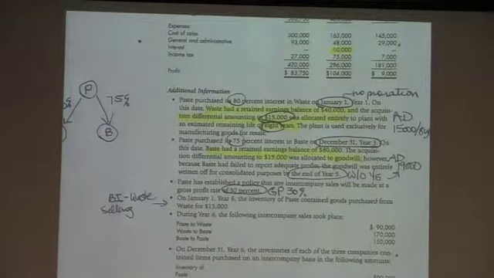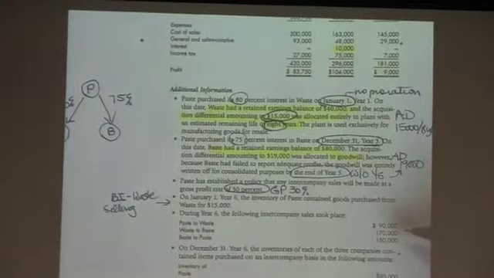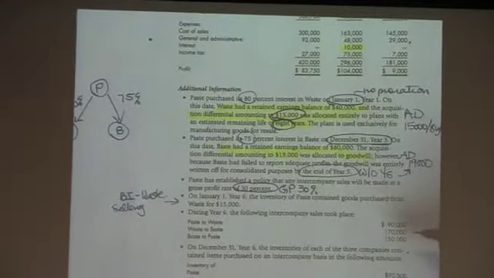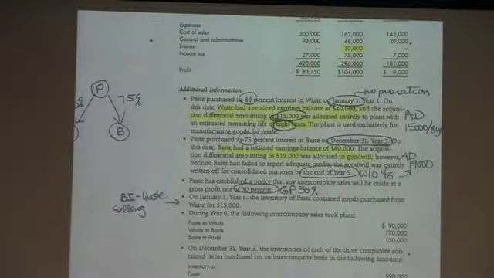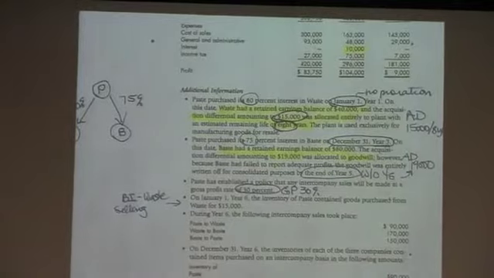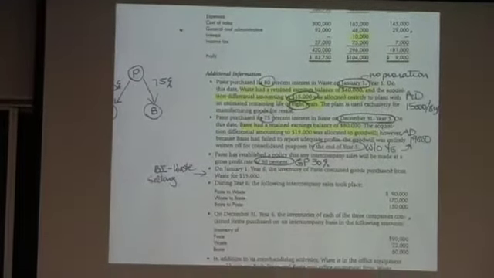So it seems a bit confusing, but the bottom line is any transactions between parent and sub, irrespective of whether it's from sub 1 to sub 2 or parent to sub or sub to parent, it doesn't matter. We're going to eliminate the entire revenues.